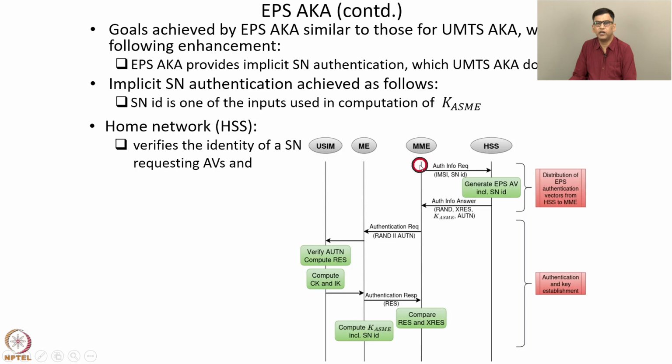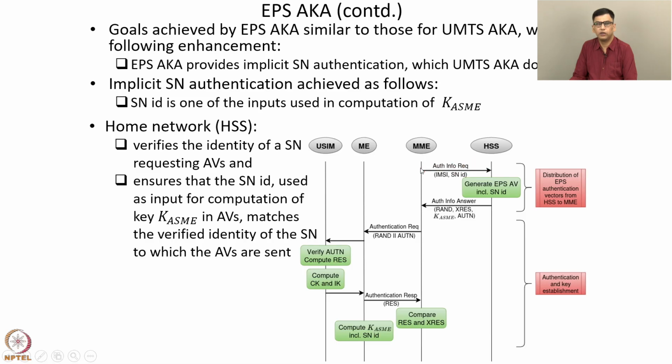So, when the MME connects to the HSS for getting authentication vectors, the HSS verifies the identity of the MME, and the home network or HSS ensures that the SNID used as input for computation of the key KASME in the authentication vectors matches the verified identity of the serving network to which the authentication vectors are sent.